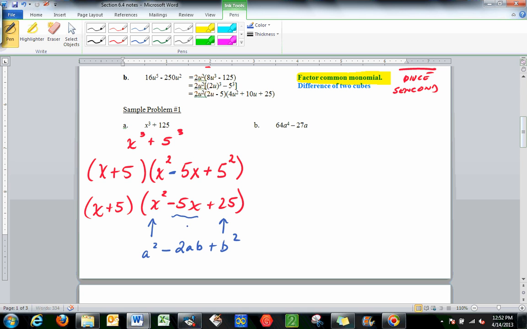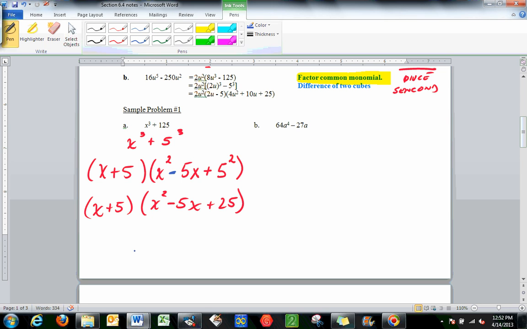And notice this factor right here, negative 5x, does not fulfill the 2ab. It's just simply ab, and so you can see here if I erase that a out of there, that's what we have left over in the cube pattern, but a perfect square trinomial would be 2ab. So this is not a perfect square trinomial, so it cannot be factored any further here.